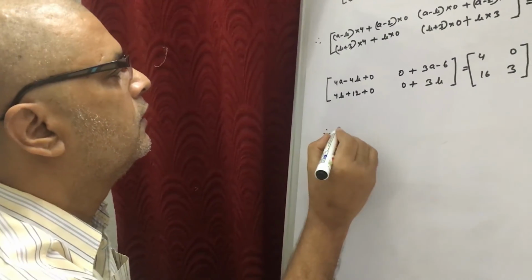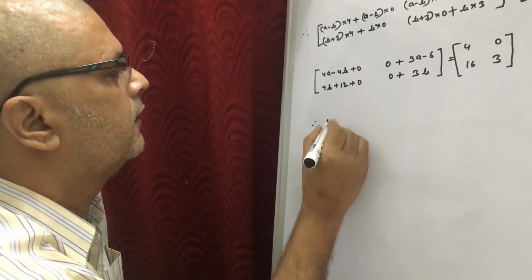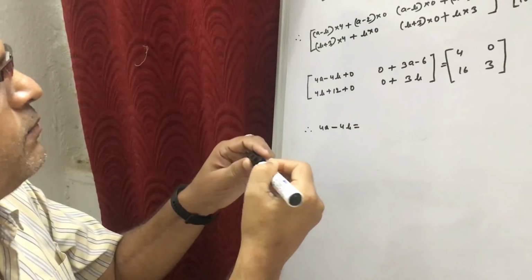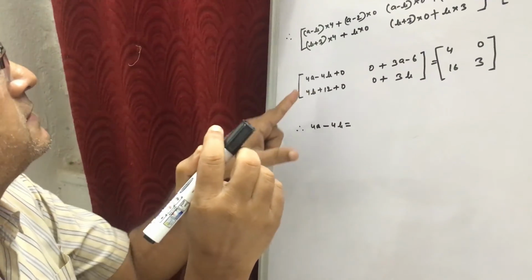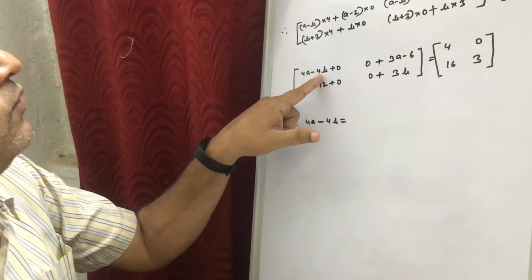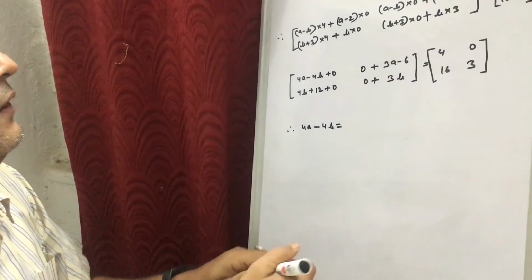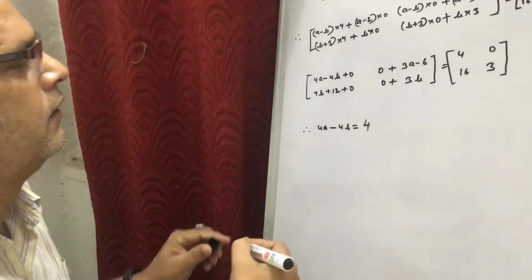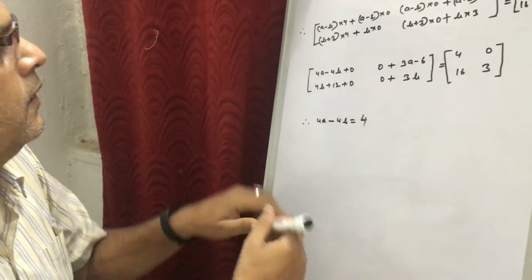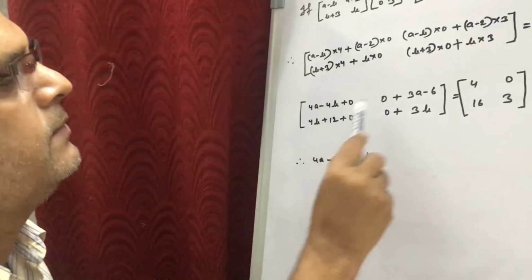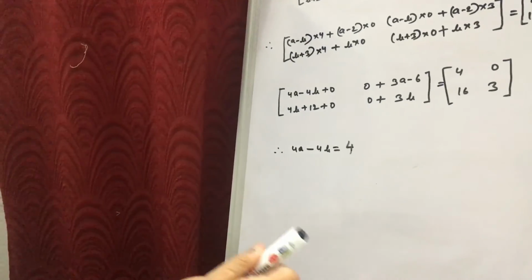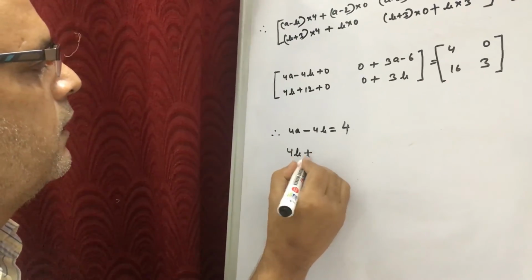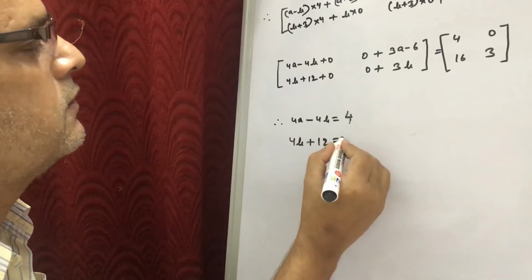So 4a minus 4b, then we know that the corresponding elements will be equal. That means 4a minus 4b is equal to 4. 4b plus 12 will be equal to 16.